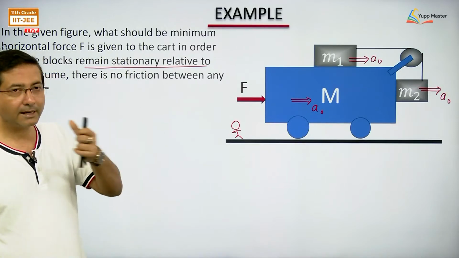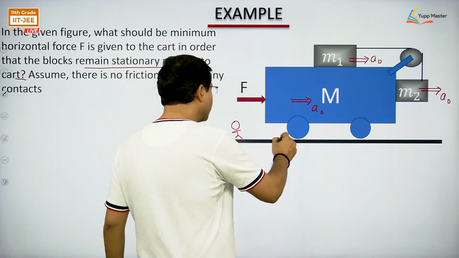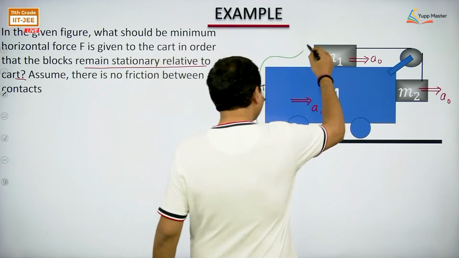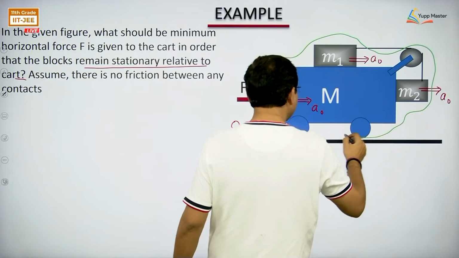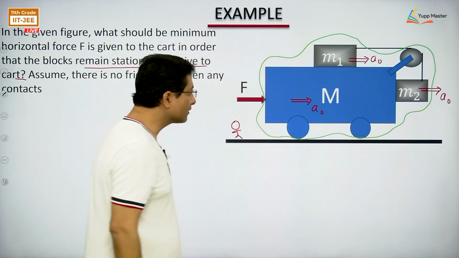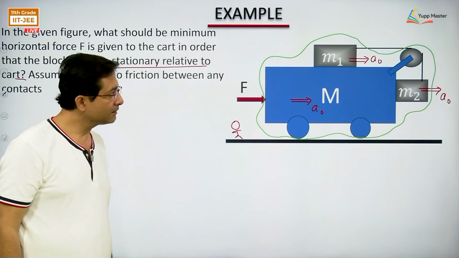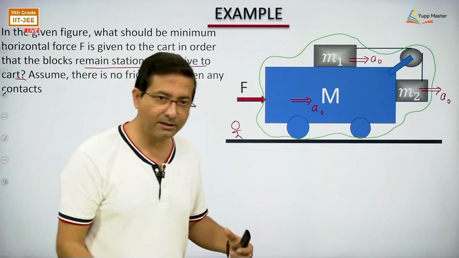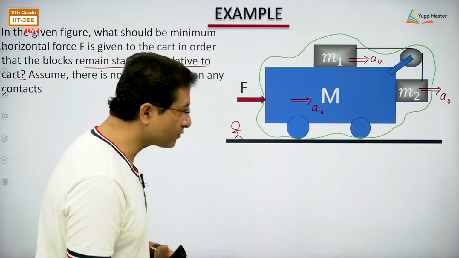As they all have the same acceleration, I can consider this whole thing as one system. So that is the condition for something to be considered a system: this whole thing has the same acceleration. And if I consider this as the system, I'll just draw all the external forces on the system.